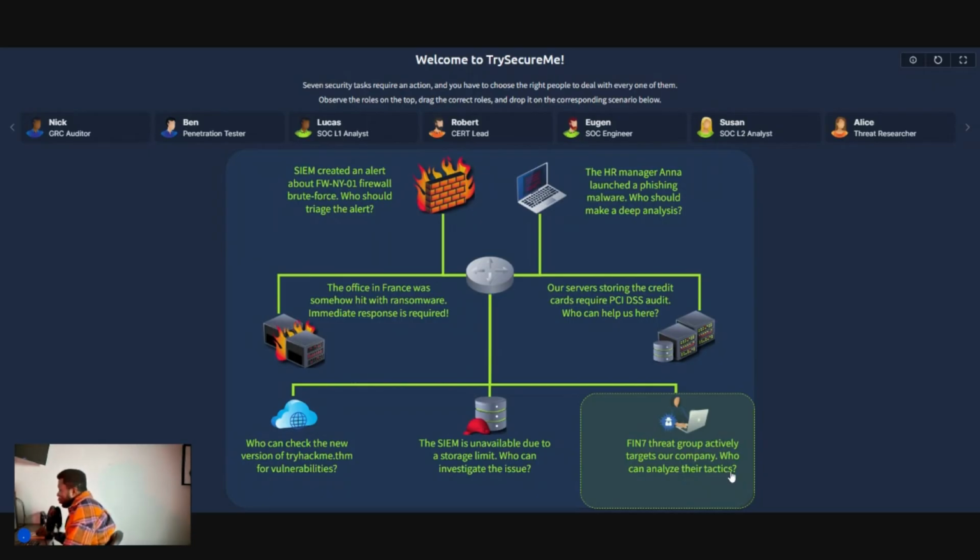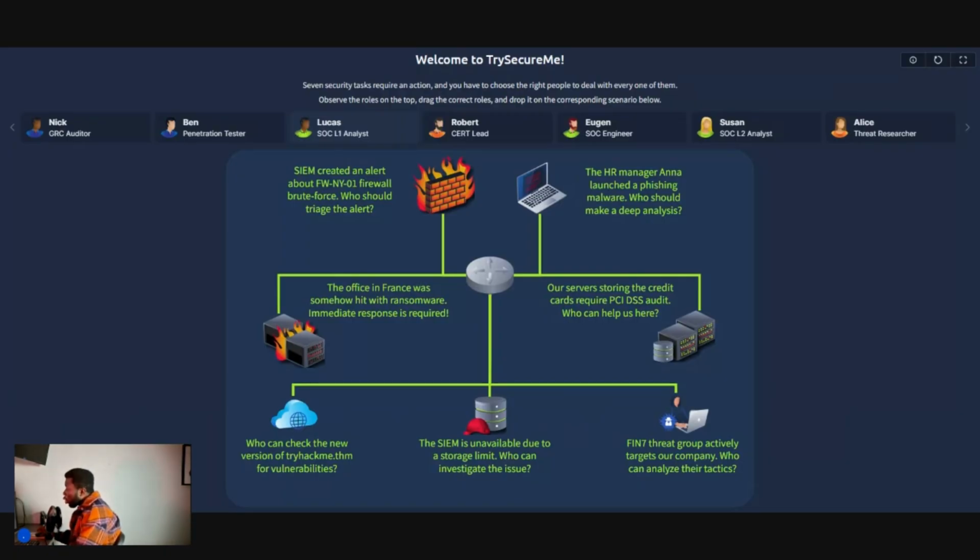Now, what you should pay attention to is the details of the descriptions here, and find which of these roles suits each description. Let us start with L1, which we've been talking about, the SOC Level 1 analyst, which is also the junior analyst.